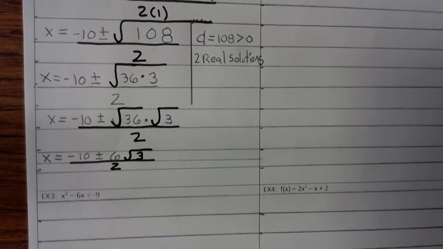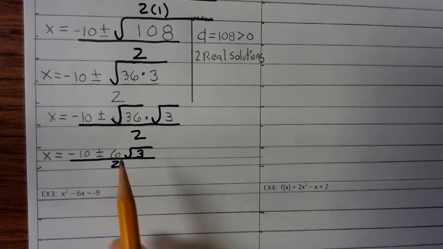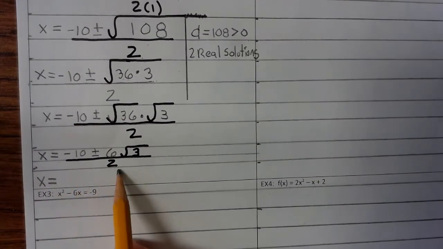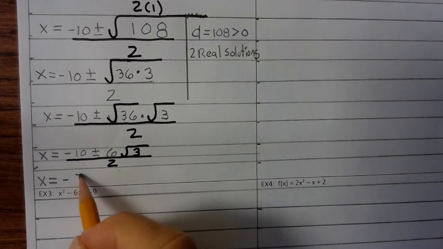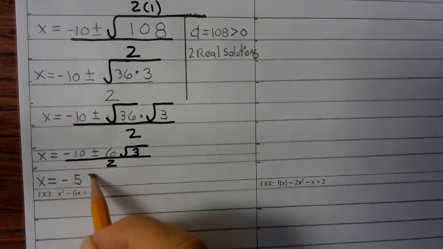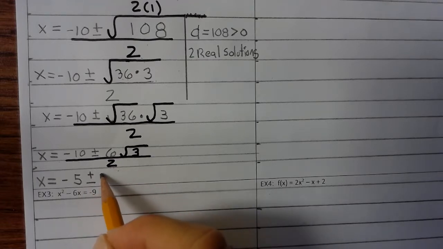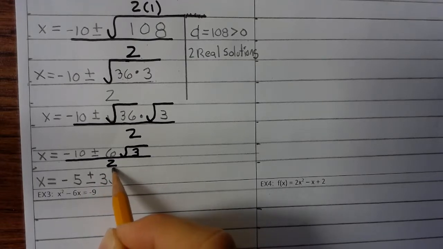Okay? So now that's x equals negative 10 divided by 2 is negative 5, plus or minus 6 divided by 2 is 3 square roots of 3.